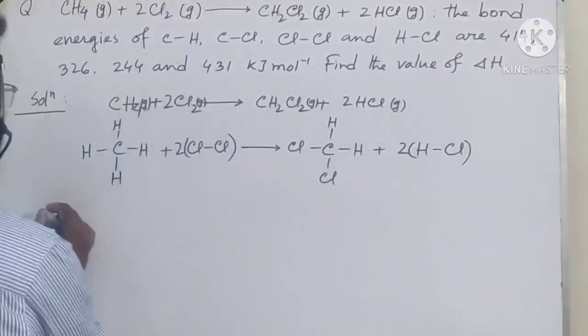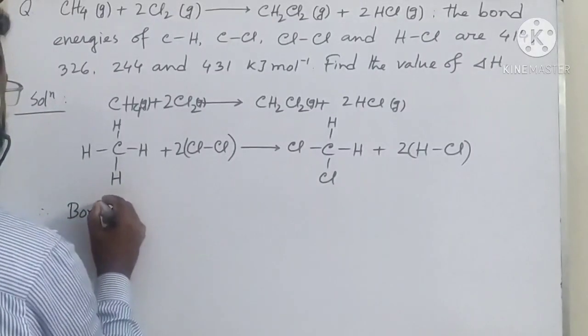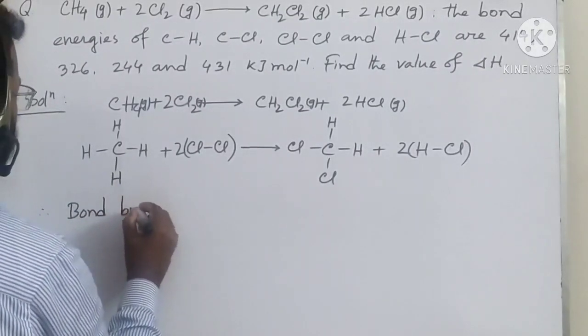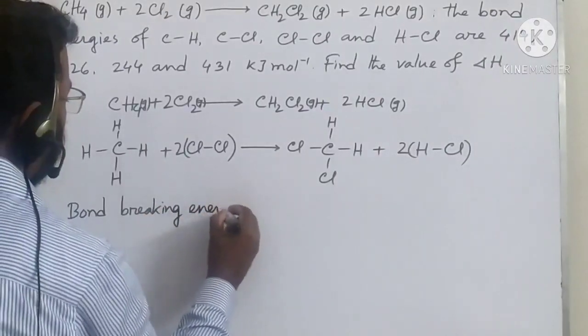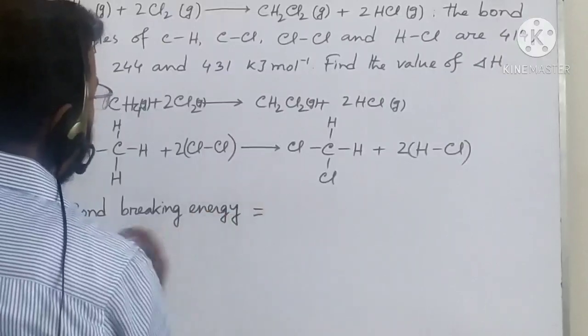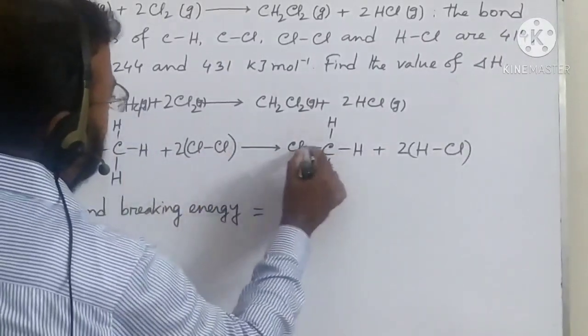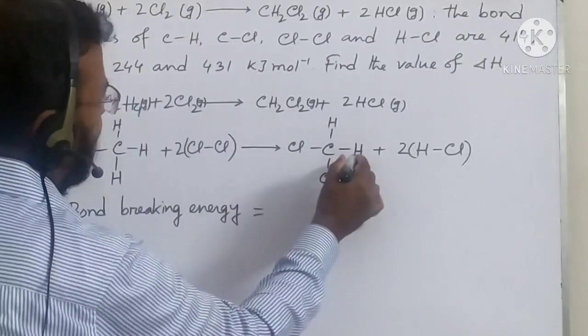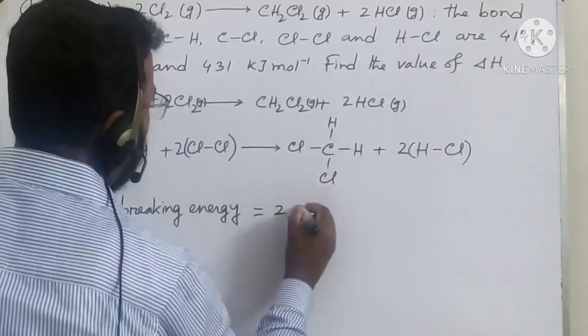Now in this reaction the first one is the bond breaking energy. Here 2 carbon hydrogen bonds are breaking and 2 remaining carbon hydrogen bonds are not breaking, so it will multiply only by 2.